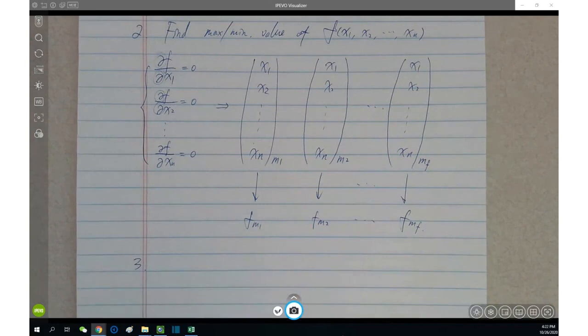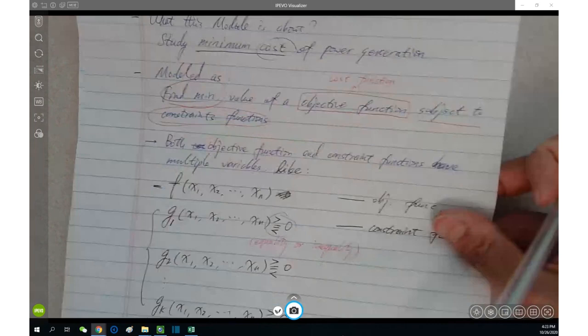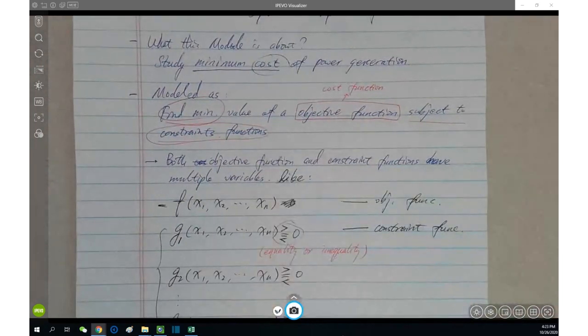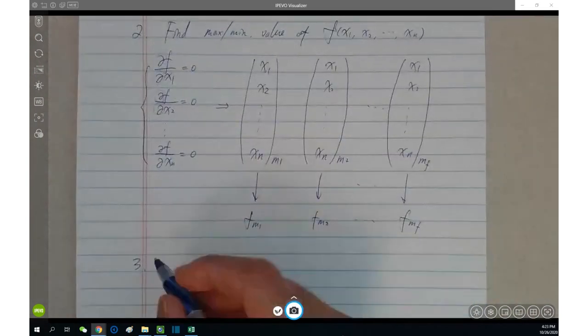Further extending the math to our ultimate goal, which is to find the minimum value of one objective function subject to multiple constraint functions. This is our ultimate goal. So how to do this?